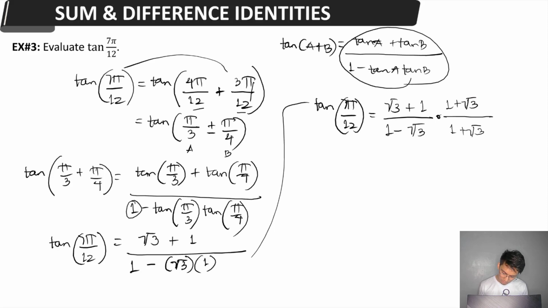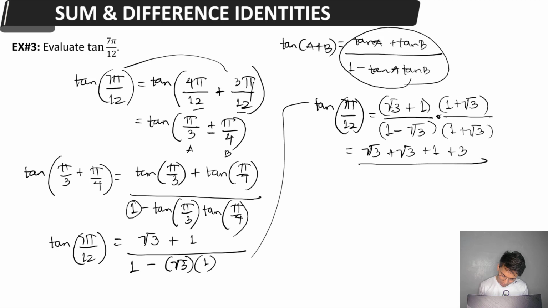And then, we multiply, and this is equal to, for the top, square root of 3 times 1 is square root of 3. Square root of 3 times 1, square root of 3 pa din. And 1 times 1 is 1. Square root of 3 times square root of 3 is 3 na lang.